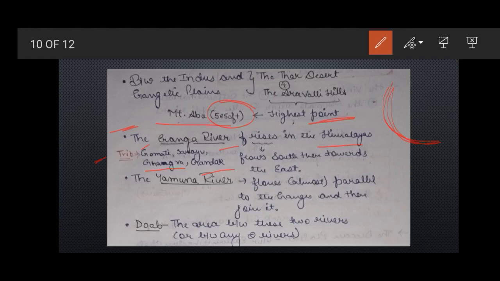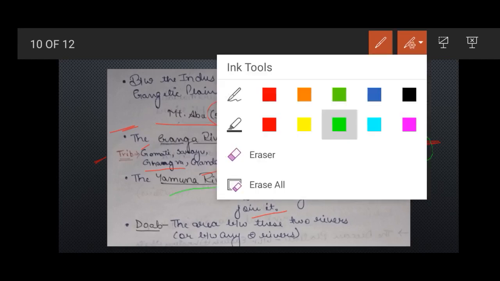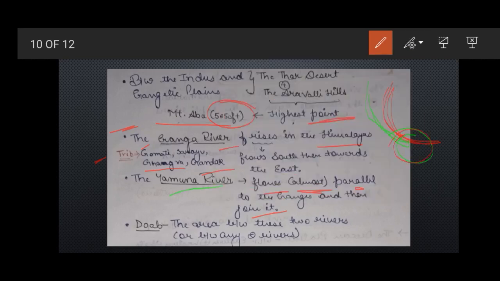The Yamuna river is also very important because it flows almost parallel to the Ganga and then joins it. The Yamuna merges with the Ganga in Prayagraj, which is formerly known as Allahabad.